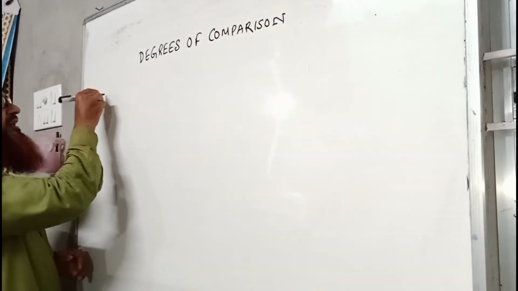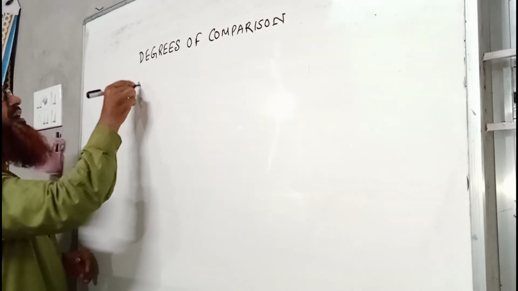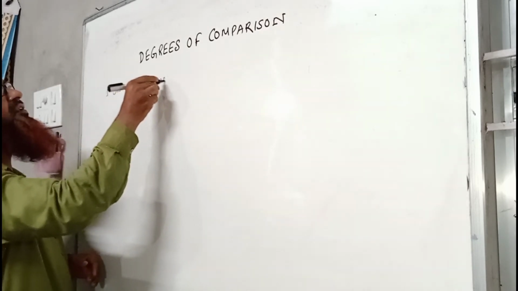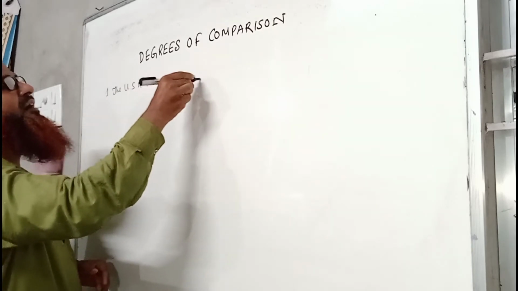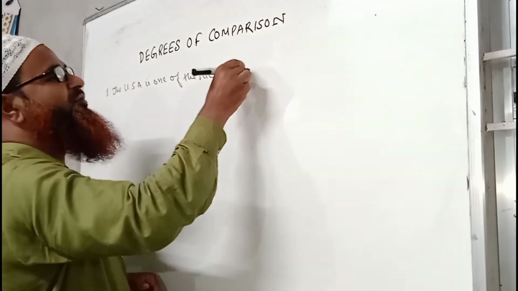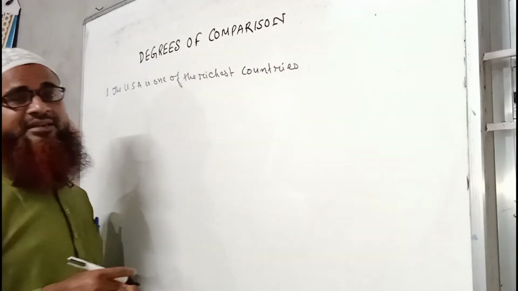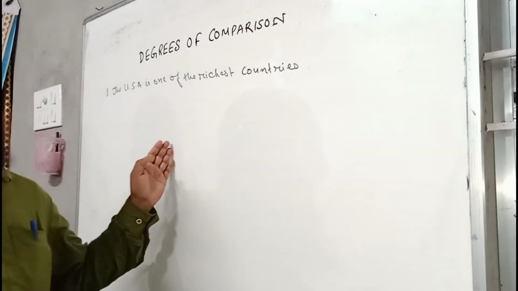This one I write as three sentences. The USA is one of the richest countries, not country, one of the richest countries. That means there are so many rich countries in the world, but one of them is USA.